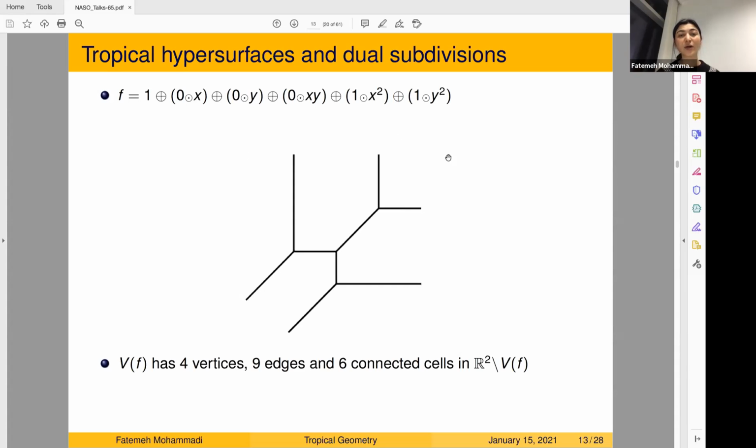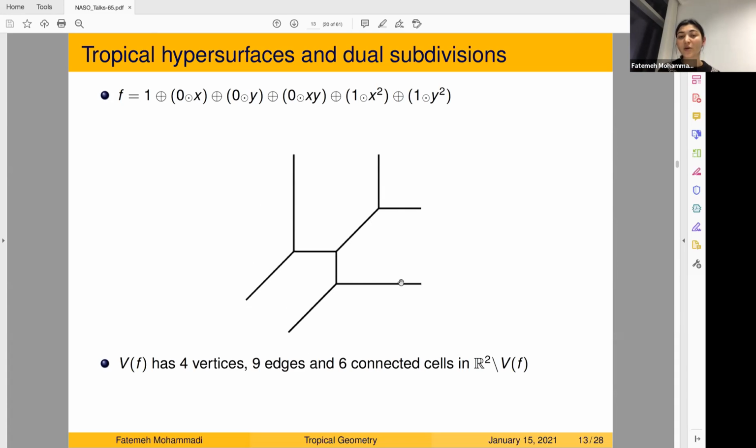Okay, so if I look at this tropical picture that I've just drawn for this tropical polynomial, what I see is, as a graph, this picture has four vertices and 9 edges that you can see. Also this graph divides my plane into 6 connected components.